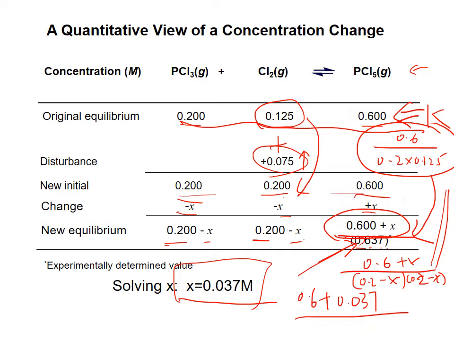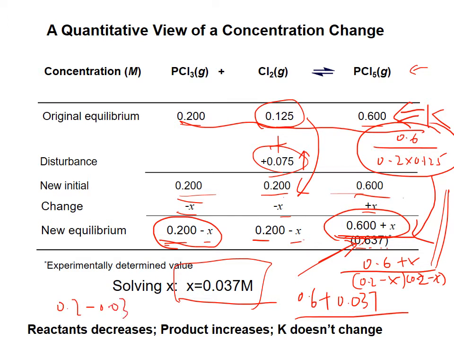Now let's look at the concentrations at the new equilibrium. At the new equilibrium, the reactant phosphorus trichloride is 0.2 minus 0.037, and that is smaller than 0.2. So that means the reactant decreased in concentration.